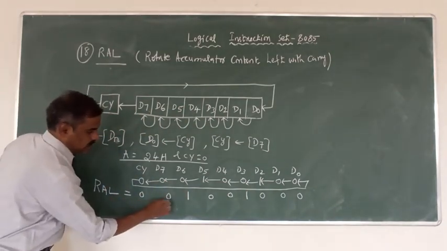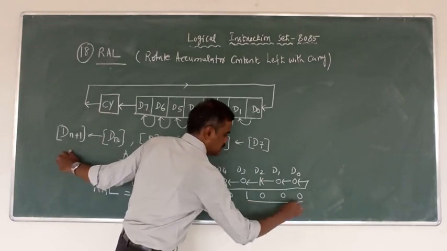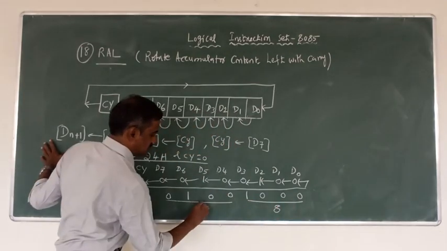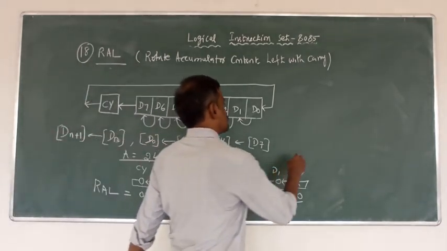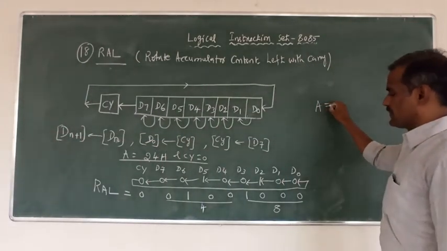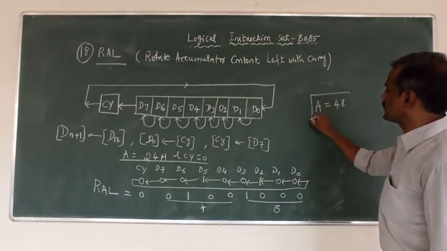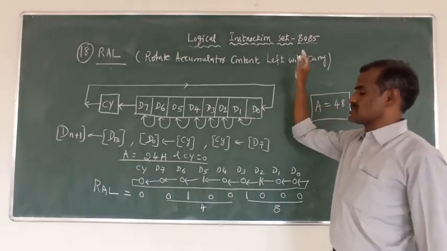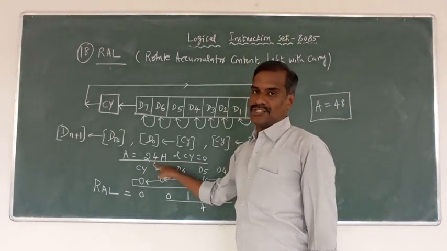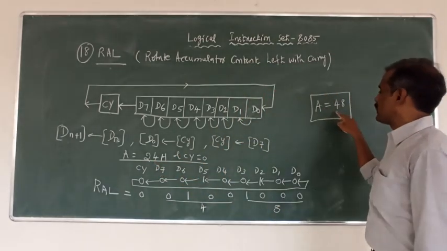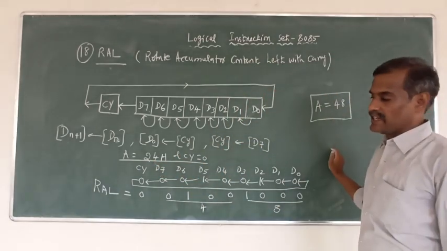After RAL, what will be the accumulator result? This is for 8, and this is for 4. Now A register, A equal to 48 after the RAL instruction. Before RAL it was 24H, after RAL the accumulator result will be 48.